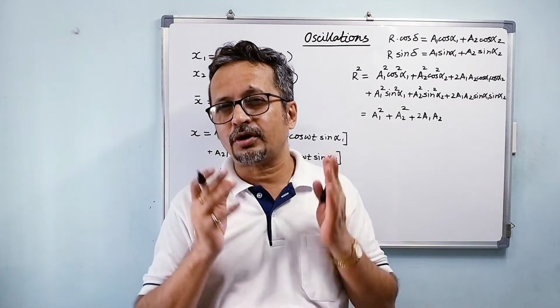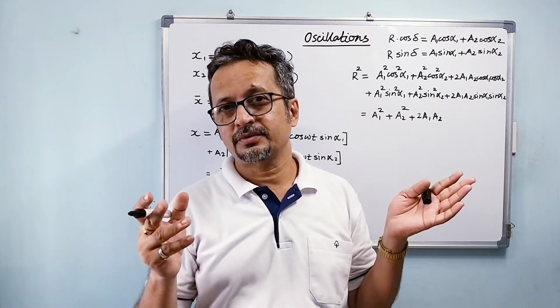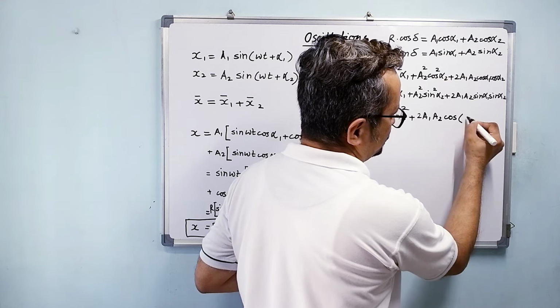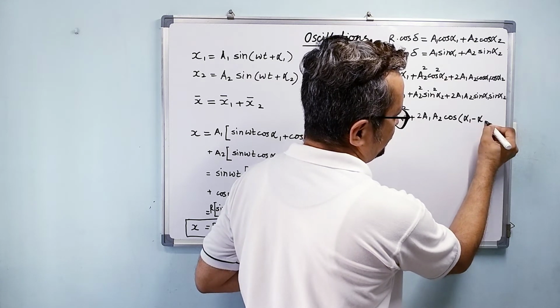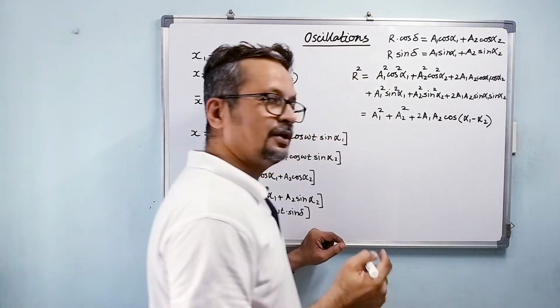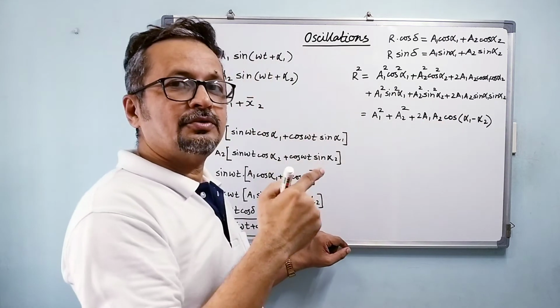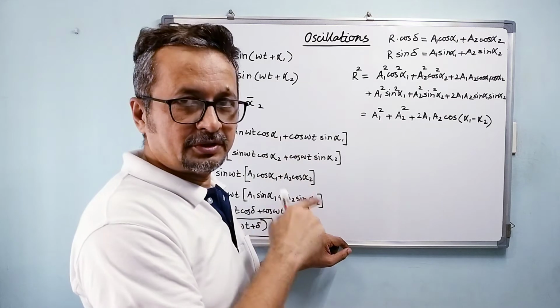Is it not cos of alpha 1 minus alpha 2? Right? It is cos of alpha 1 minus alpha 2. If you have any doubts about this, refer to the trigonometry video on this channel.